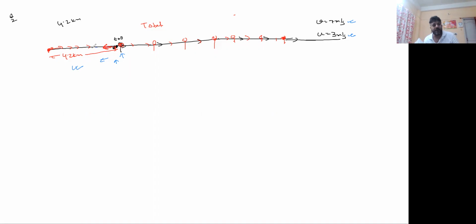The launch traveled 4.2 kilometer upstream, turned about and caught up with the float. How long is it before the launch reaches the float?